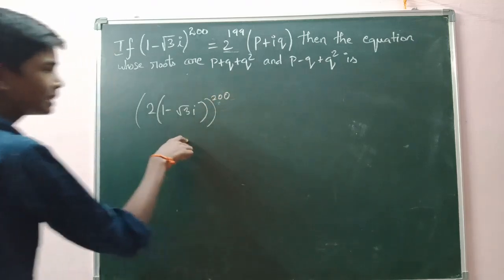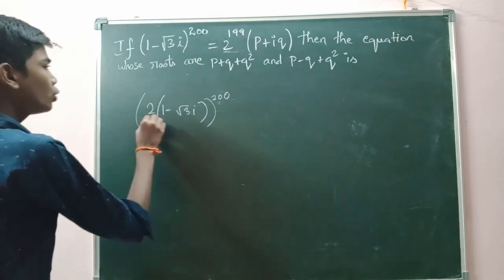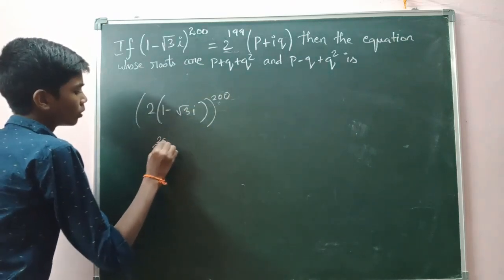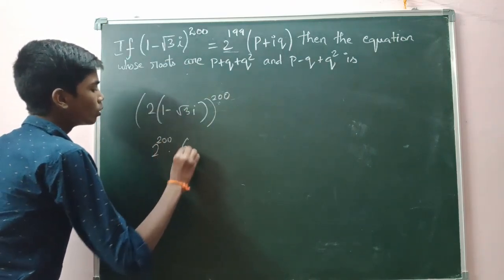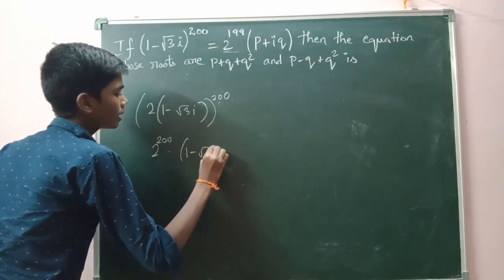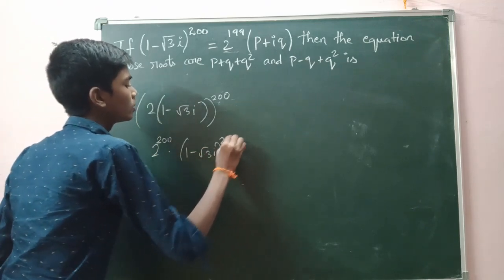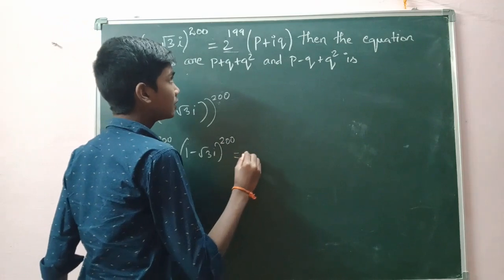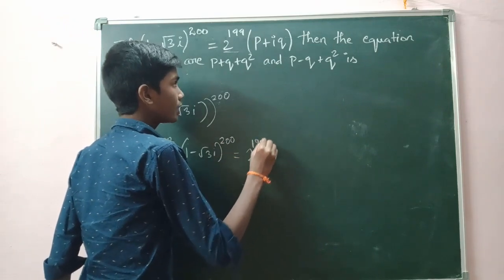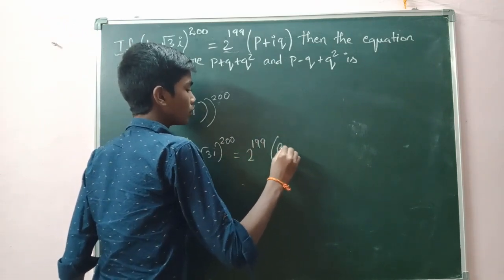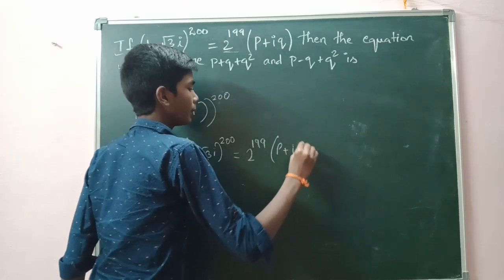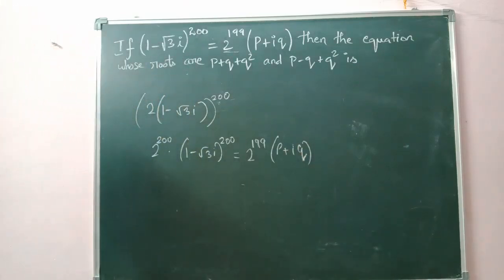This is what you will get in LHS now. So 2 power 200 into (1 minus root 3 iota) whole power 200, and that is equal to 2 power 199 into (p plus iota q).